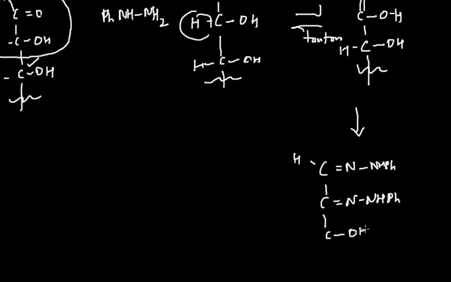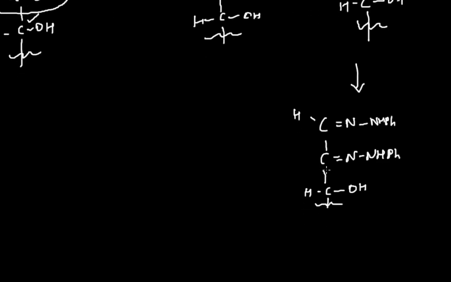Now the question I'm asking is, why did this stop here? Here also a rearrangement can take place, right? Tautomerization can take place, and further substitution of phenyl hydrazines can happen. So this can continue down the chain. Why does it not continue further down the chain?